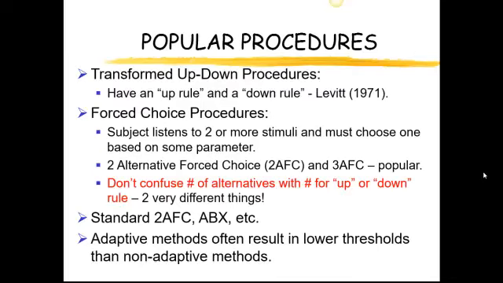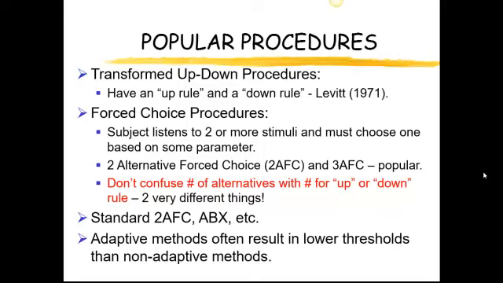Okay, popular procedures then are the transformed up-down procedure. You have to have an up rule and a down rule. And again, that Levitt paper is available for you to read. Forced choice procedures, where the subject listens to 2 or more stimuli and must choose one based on a certain parameter.